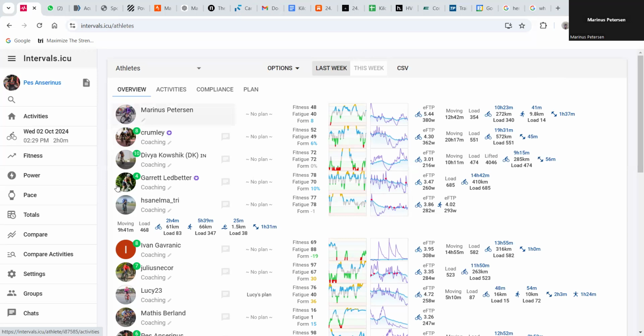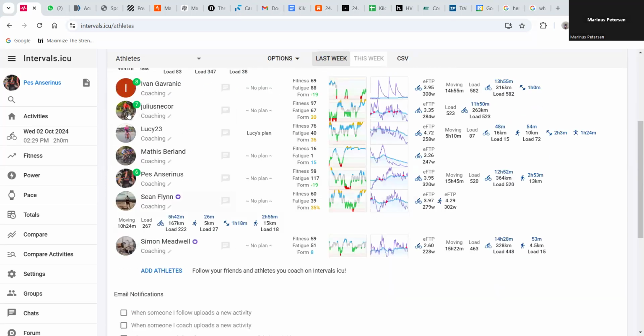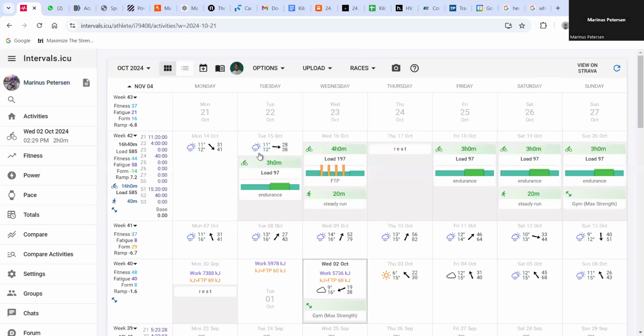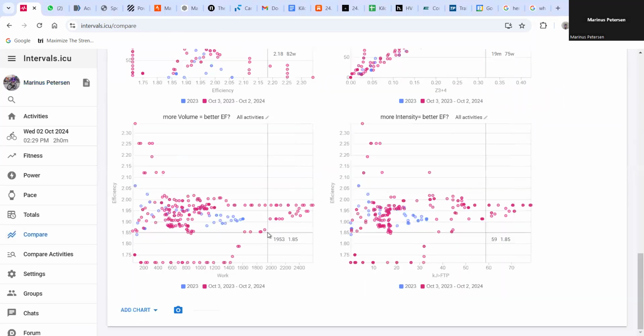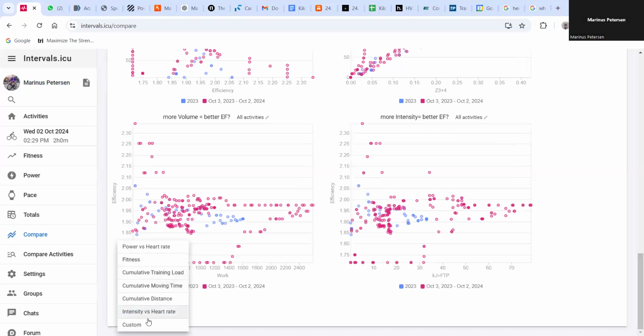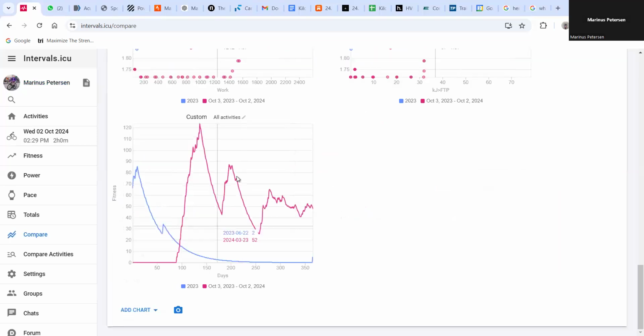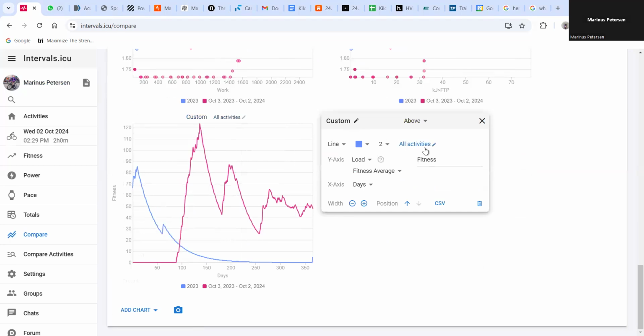If we go on to me here and compare some intervals, let's click on compare. One thing I don't like about the efficiency factor on here, and I haven't figured out how to change it, is this. We're starting to make a new custom graph, so click on that and put it on this y-axis.